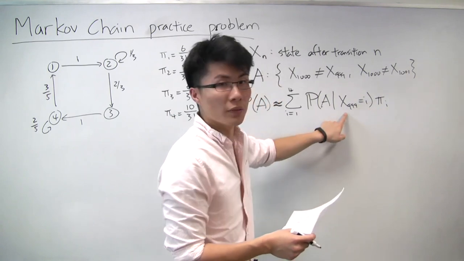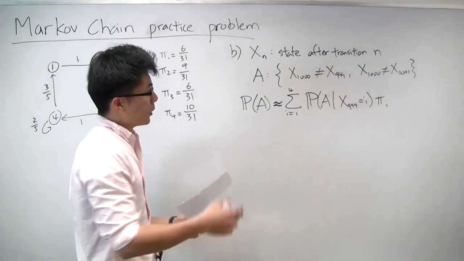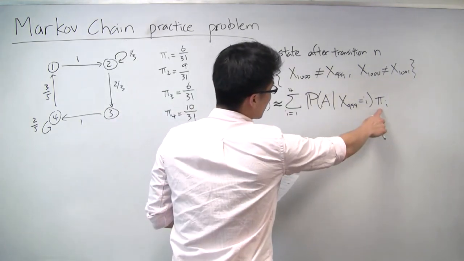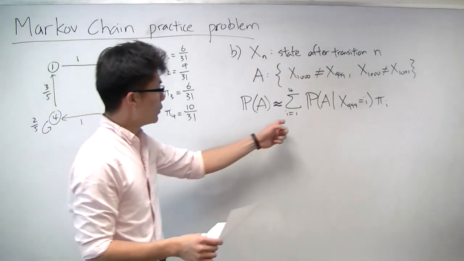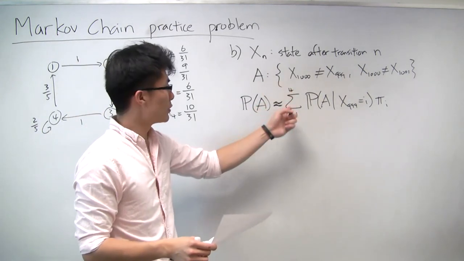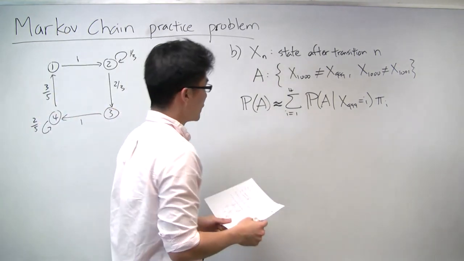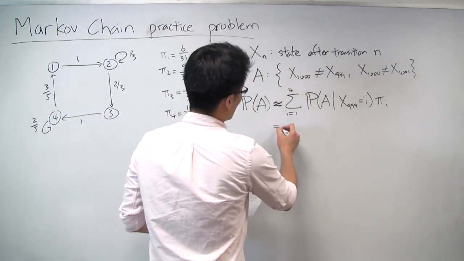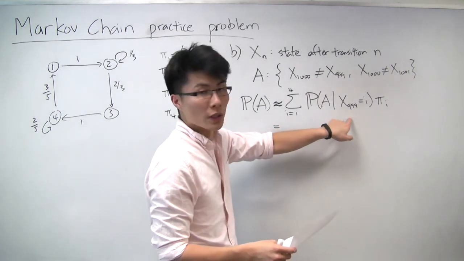Because you've already had 999 transitions, you can approximate using just the steady state probability. And you do this for all 4 possible states, which covers all the different cases. All right, so now let's think about what these 4 different scenarios give you.